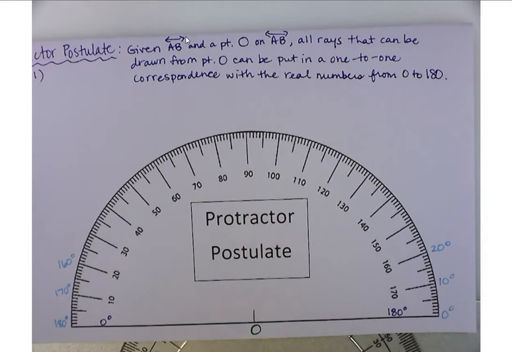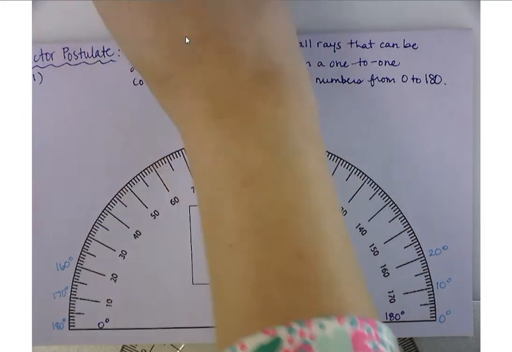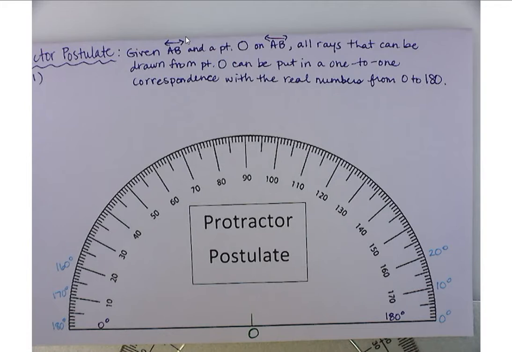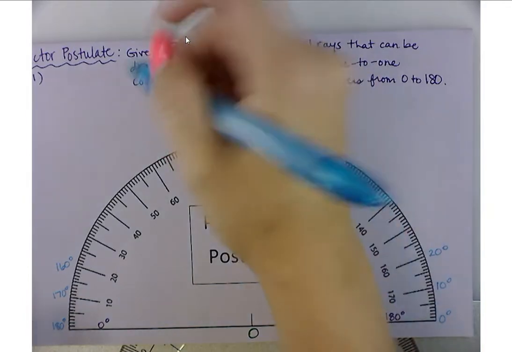And it's 0 to 180 because those are our degrees. Basically, this is like the ruler postulate because you're just lining up places on the protractor with a number. Just like on the ruler, you'd line up places on the ruler with a number.